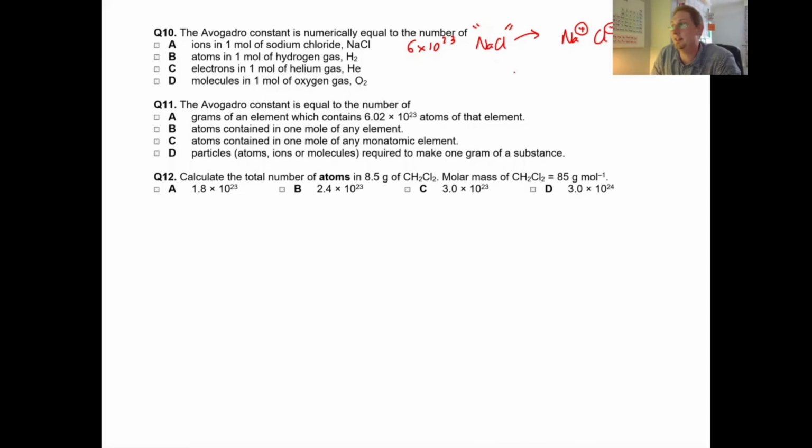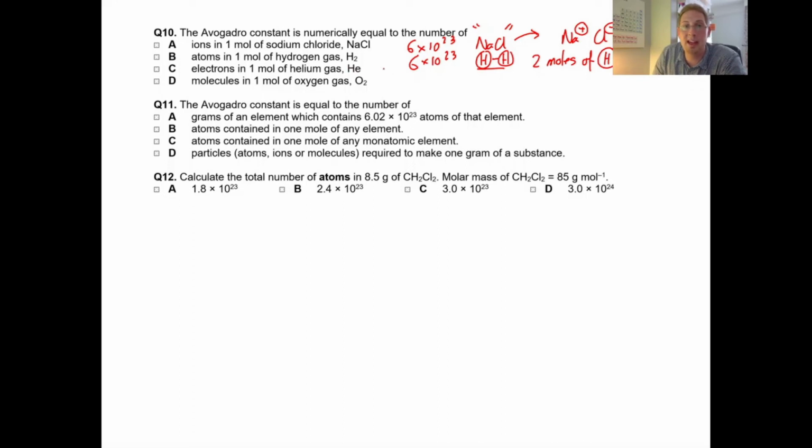So that's no good. Atoms in 1 mole of hydrogen gas. Okay, so we've got 6 times 10 to the 23 of these. But again, each one of these has got 2 hydrogen atoms. So again, we've got 2 moles of hydrogen in that.